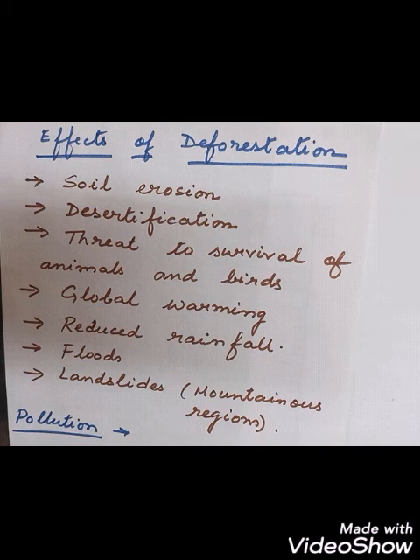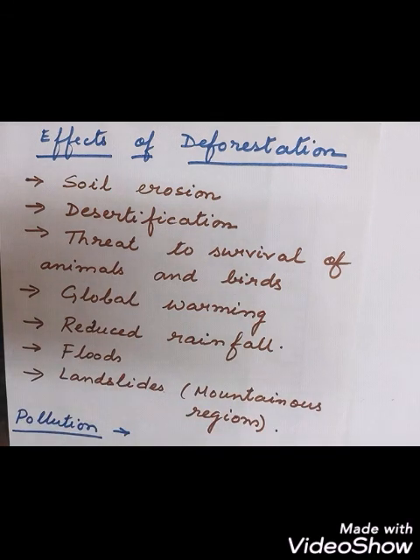But how? Because during the process of photosynthesis, as you all know, carbon dioxide is taken by the plants and oxygen is given out. But if there will be very few plants available, then who will take the carbon dioxide during photosynthesis and who will give out the oxygen? So this will disturb the balance of gases and the amount of carbon dioxide will go on increasing.